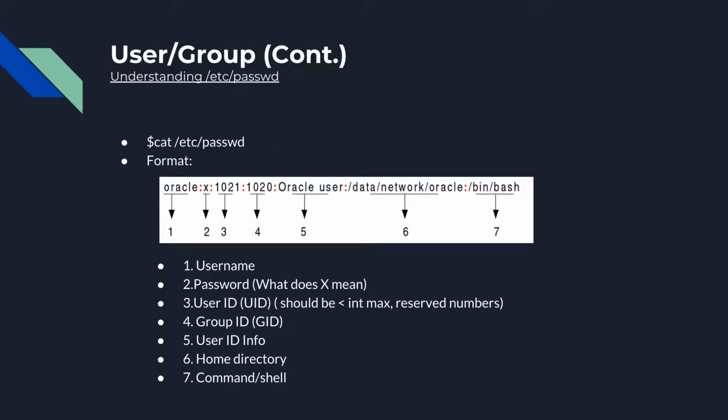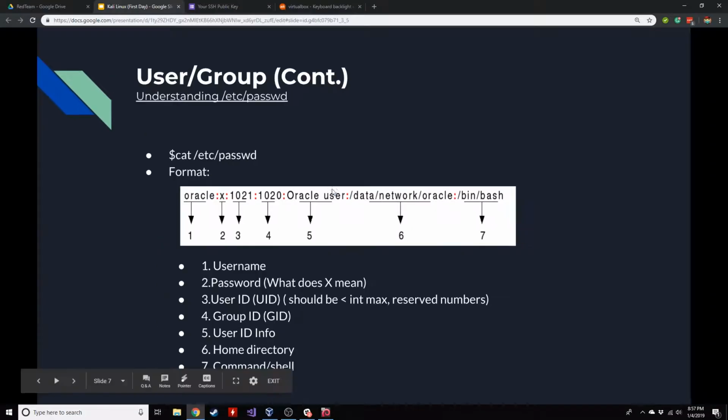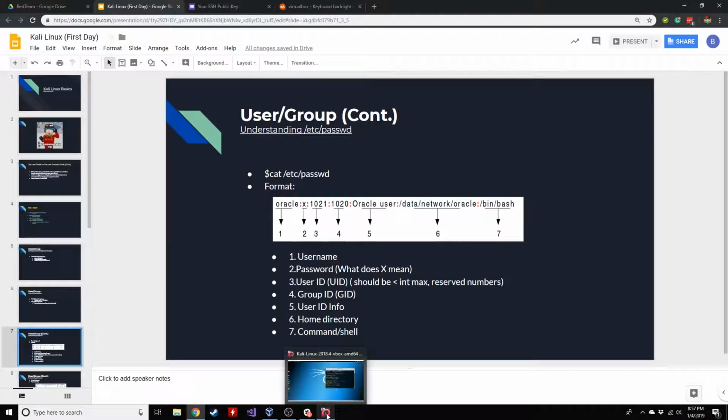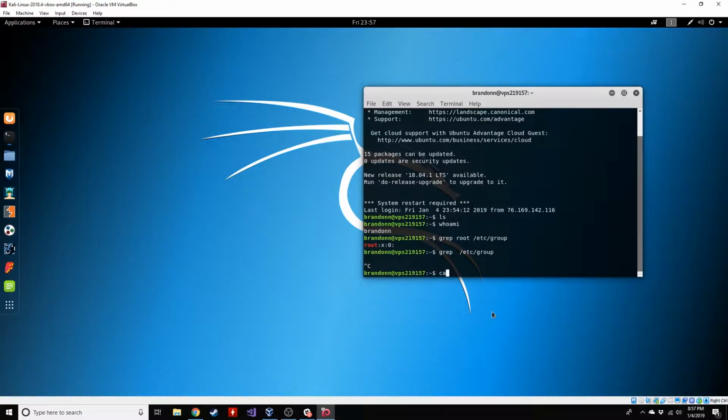Let's find out what cat /etc/passwd does. Cat just means concatenation, and it just outputs the text in a file. So cat /etc/passwd.